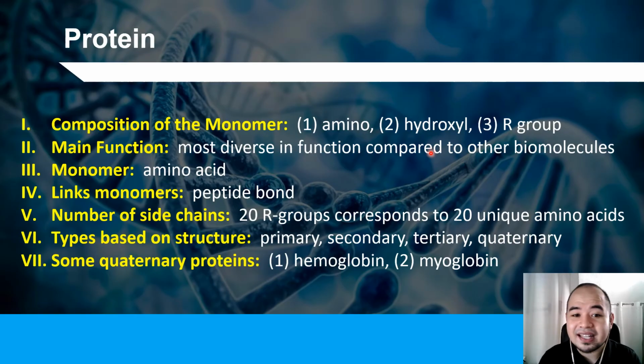And when we go to genetics, mas ma-appreciate nyo ang proteins. Okay? Monomer, we have amino acid. Links the monomers, we have the peptide bonds. The number of side chains, we have the 20 R groups. Therefore, we also have 20 unique amino acids. The types is based on the structure. And then some quaternary proteins, we have the hemoglobin and the myoglobin.